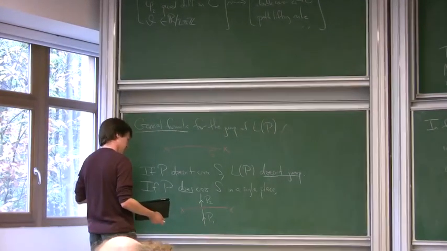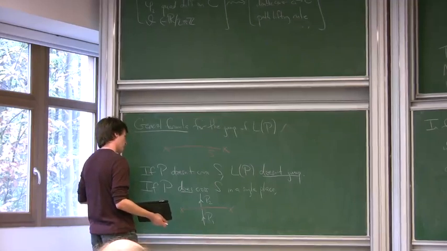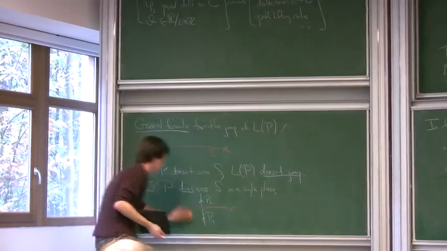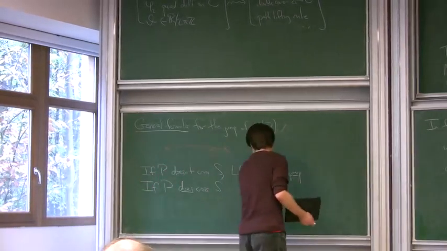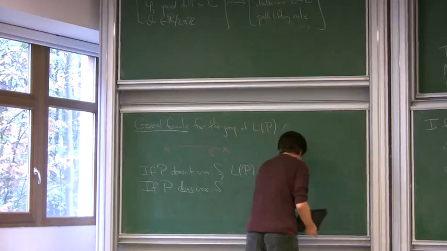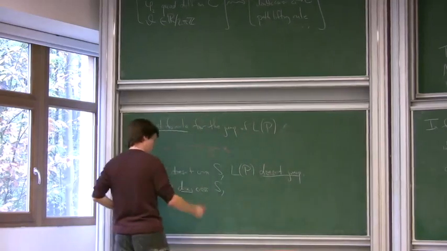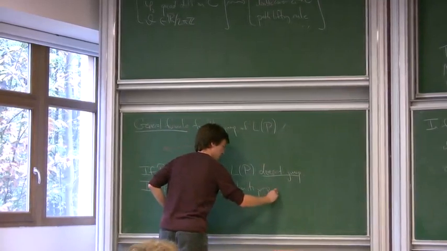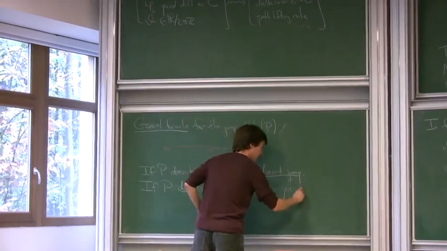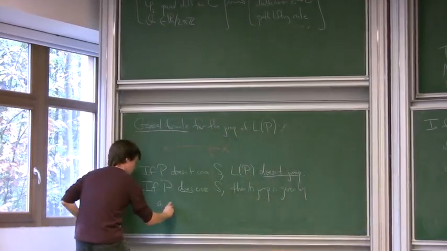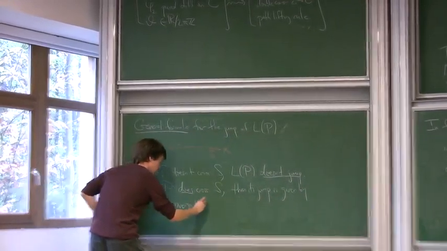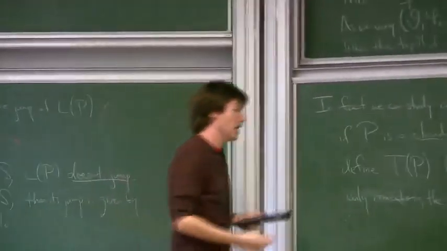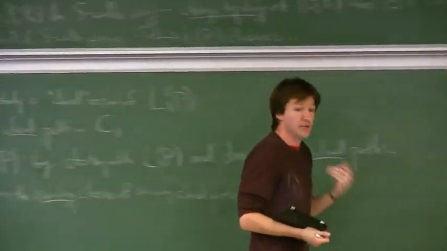I want to state this slightly differently. If P does cross S, then its jump is given by a kind of universal formula, which you can express without knowing anything about what the path is at all.